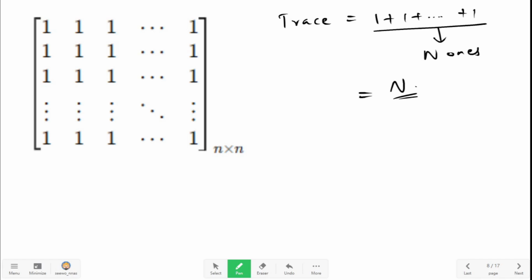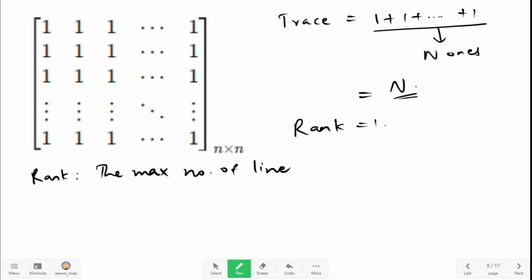Now the rank of this matrix is 1. Why? Because rank of a matrix is the maximum number of linearly independent rows or columns.